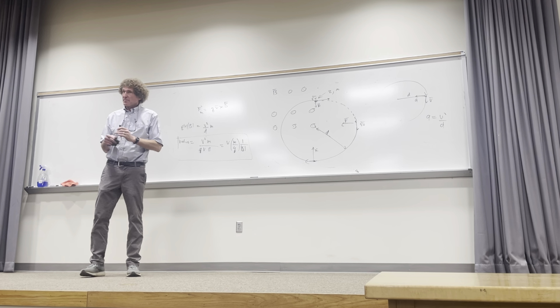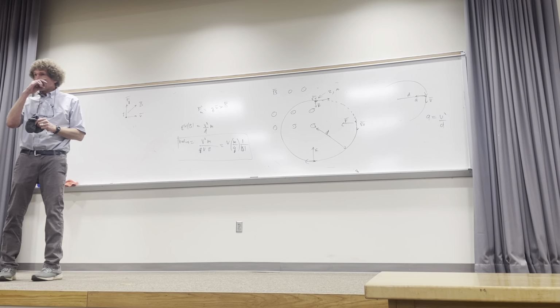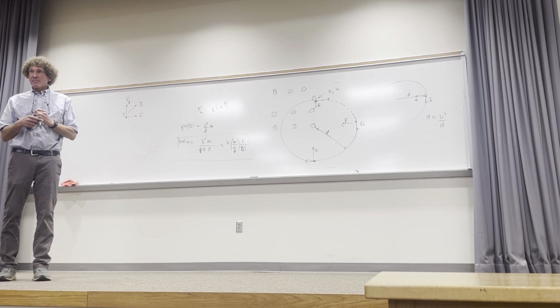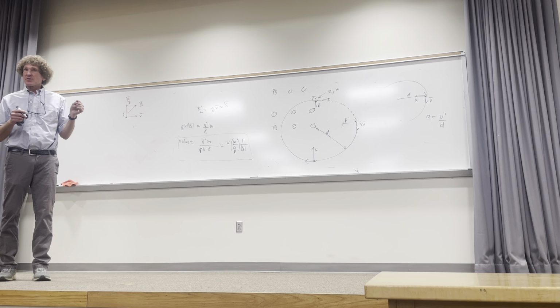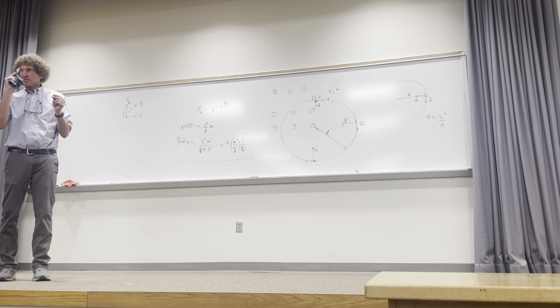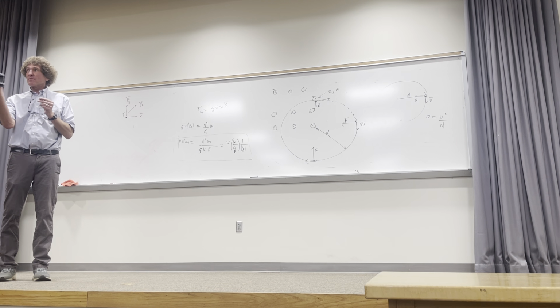Now, something else I should say is that everything I'm talking about is very general and assumes there are no collisions. In the real world, even at low pressure, there's a certain finite number of collisions. And whenever the number of collisions becomes more than one for a single orbit, then you get collision-dominated effects and things change rapidly.